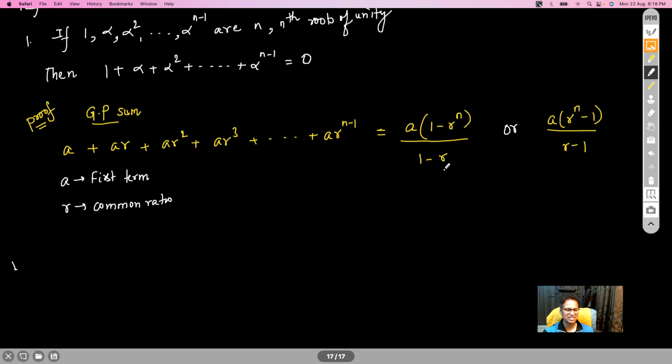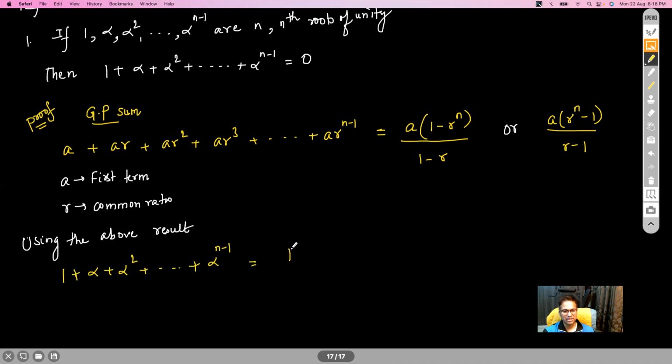So using the above result, can I say 1, alpha, alpha square, all the way till alpha to the power n minus 1. Please note A is 1.